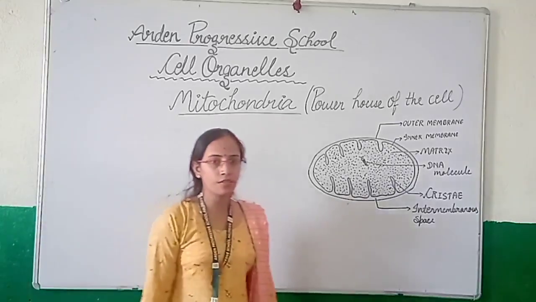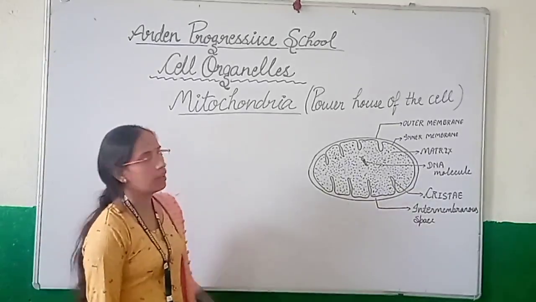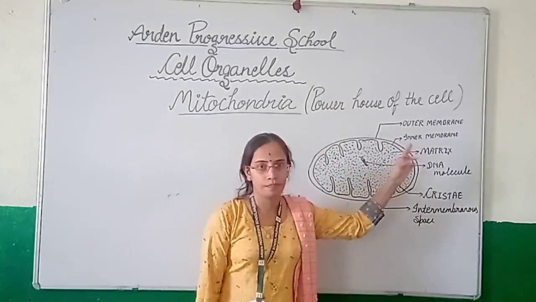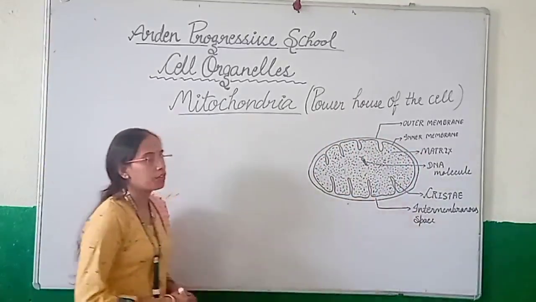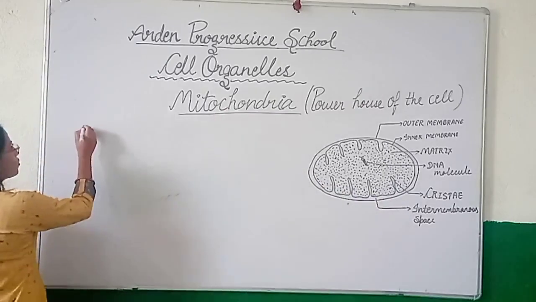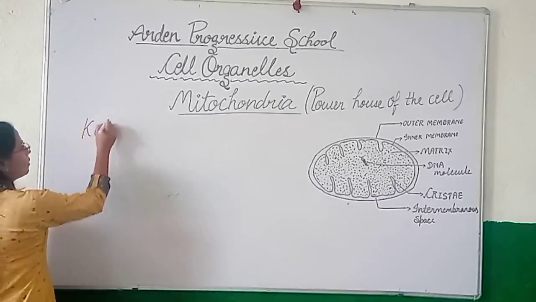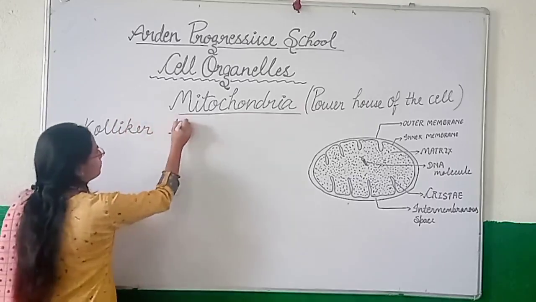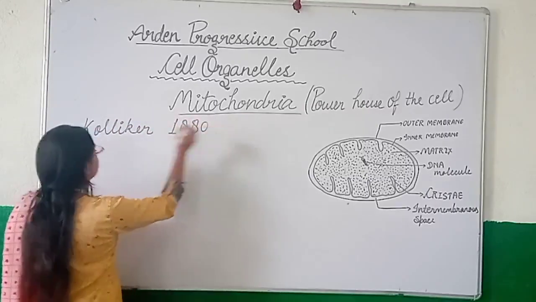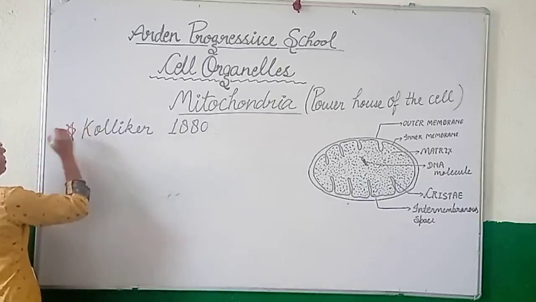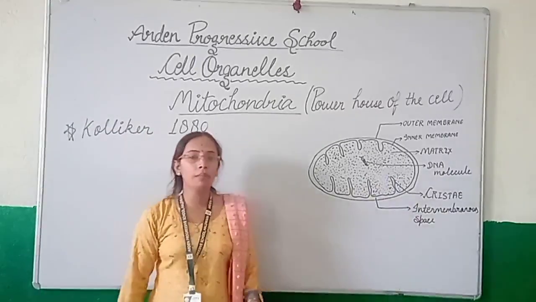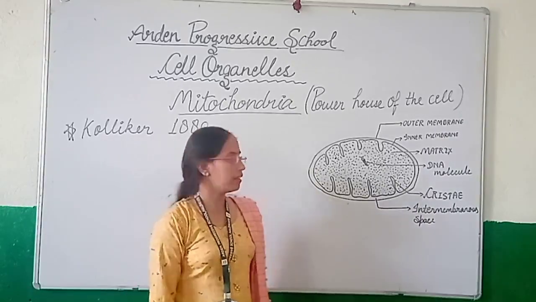Now let's start with mitochondria. Mitochondria is also known as the powerhouse of the cell. The mitochondria was first observed by Golgi in 1880. Mitochondria is a double membrane bounded cell organelle.